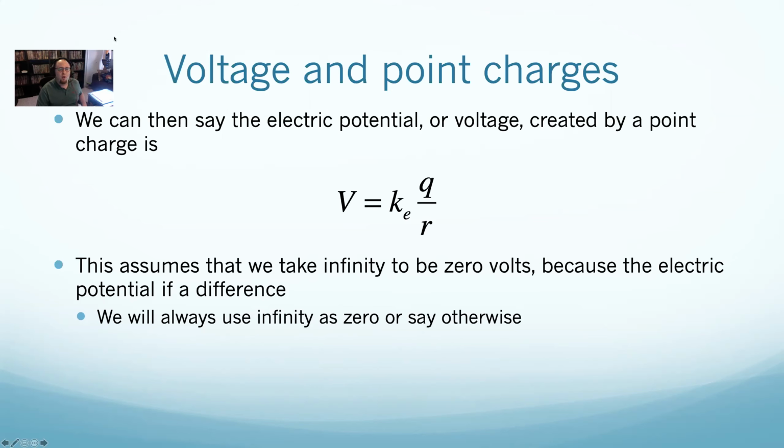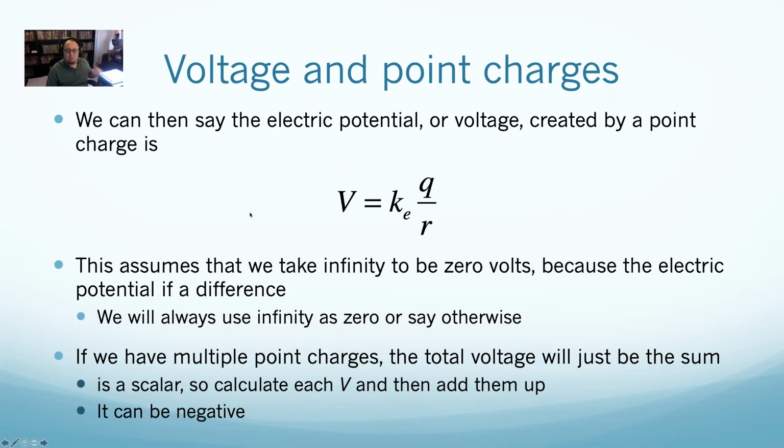But this is just for one point charge. If you have multiple point charges, the total voltage is just the sum. You just add them up. And from this, we can find the electric potential of complicated setups.